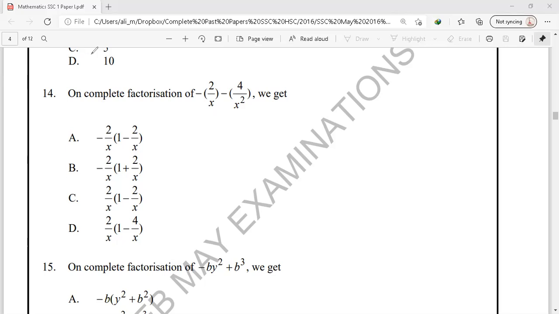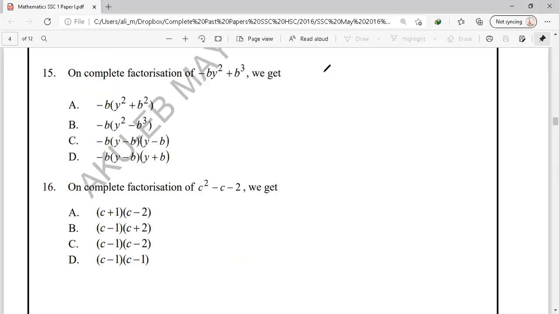Next, we have question number 15, and we have to do the complete factorization of this expression: minus b y squared plus b cubed. As we can see in these options, all the options have minus b taken as common. So let's take minus b common. So what we will get, we will have y squared in the first term and b squared in the second term with the negative sign between them, because we have taken minus as common.